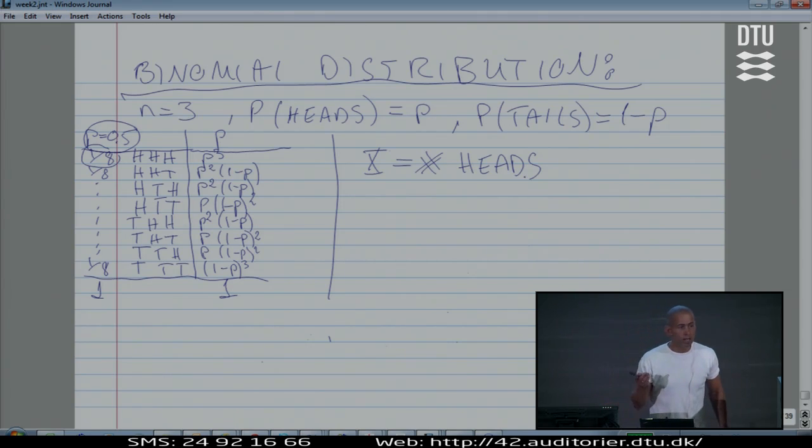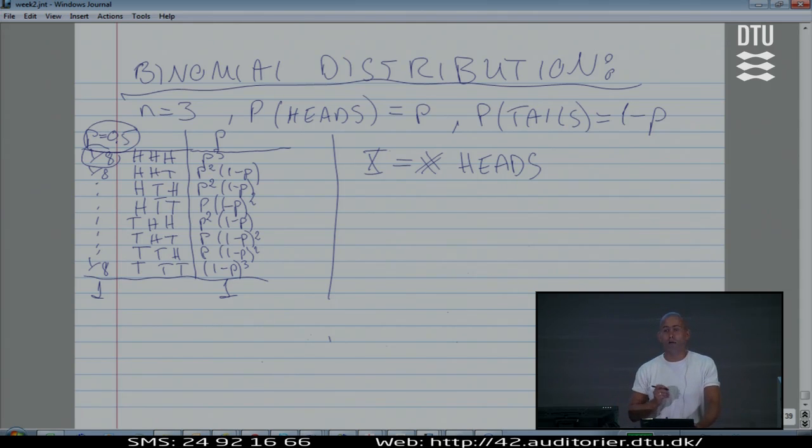That is a decision I made. What is important to me at the end is just how many heads I got. We could also have chosen tails, which is 3 minus the other. But we choose one of them and say, I'm interested in the number of heads. In other contexts you could care about the order, but for now I don't care about the order. I'm just interested in the number of heads.